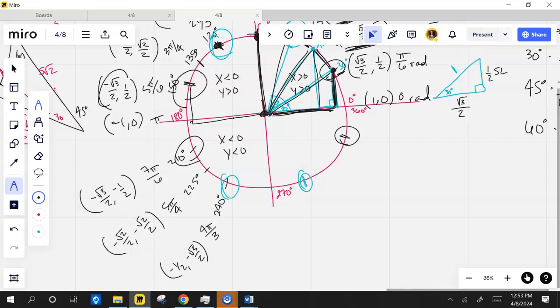All right, how about at the bottom here? Last quadrant. This one, X is positive, Y is negative.